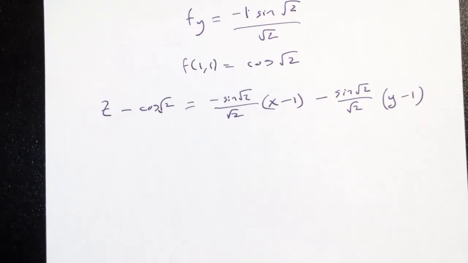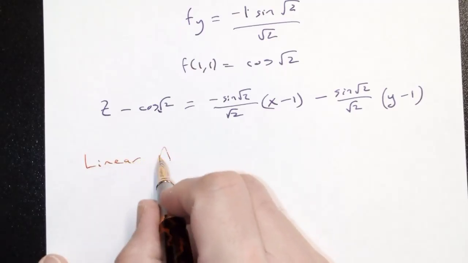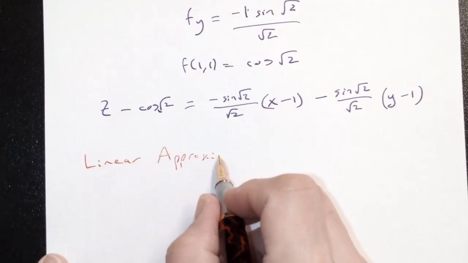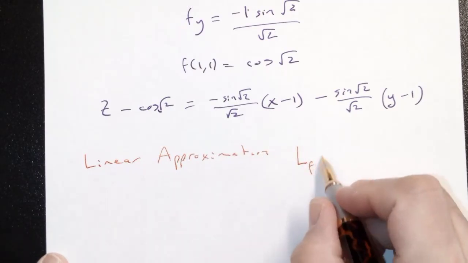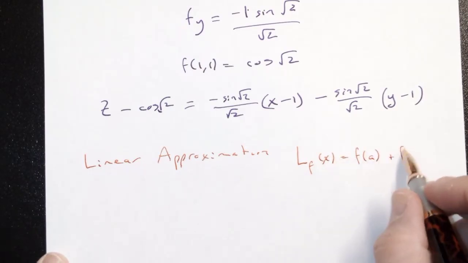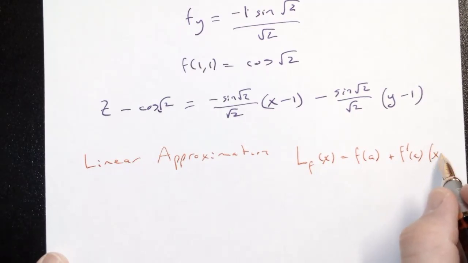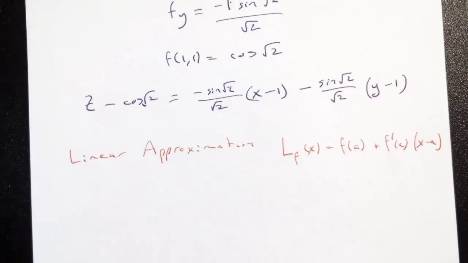Chapter 3, section 10, linear approximations. The linear approximation for a function of x at some point a was the y value f of a plus the slope times the straight line x minus a.